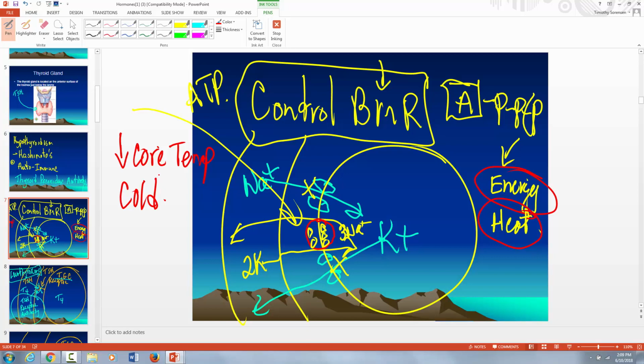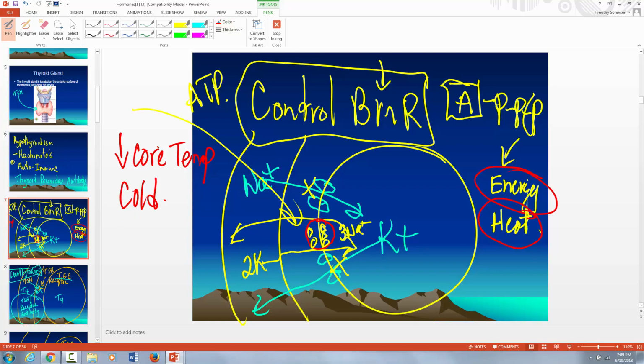You got to keep your core body temperature at 98.6. So if you can't do it because you're not generating enough heat through less use of the sodium potassium pump, then the body is going to vasoconstrict all the arteries that supply the non-essential parts of your body to send that nice warm blood to keep the core body temperature up. So they're going to be cold. They'll have cold hands and feet, and maybe a cold nose too, kind of like a little dog.